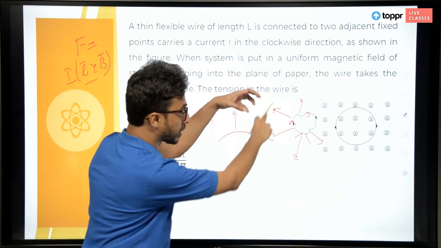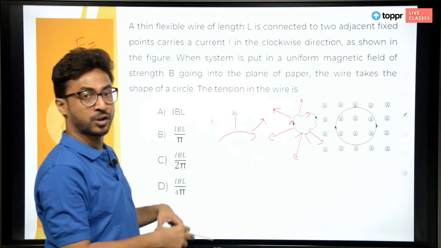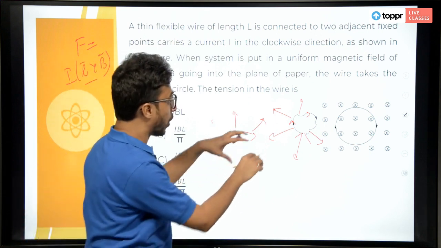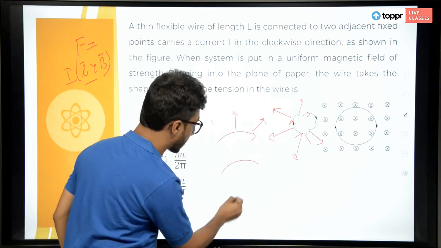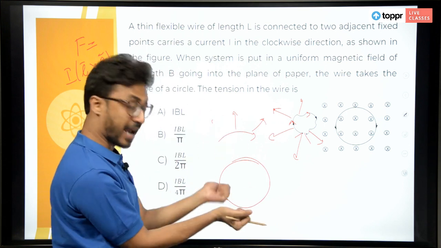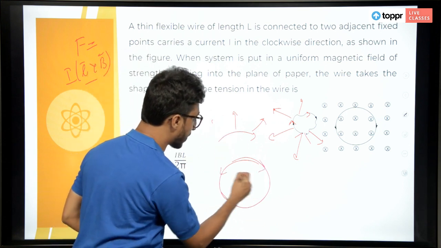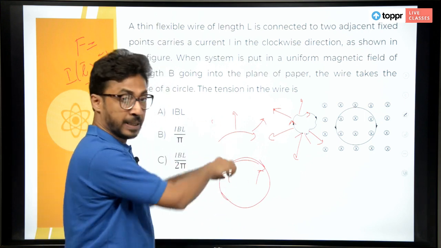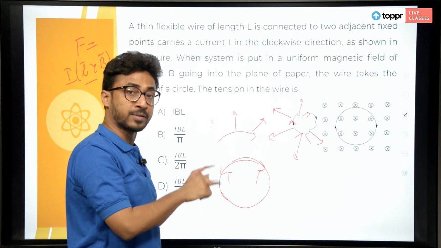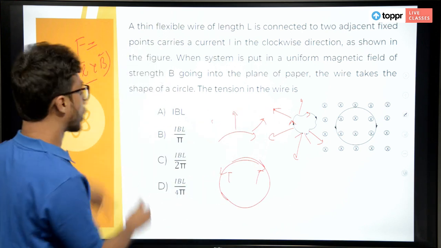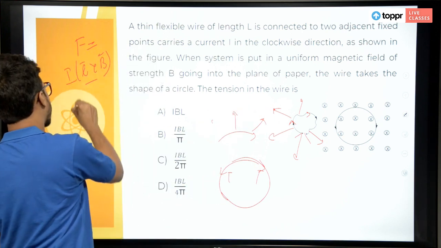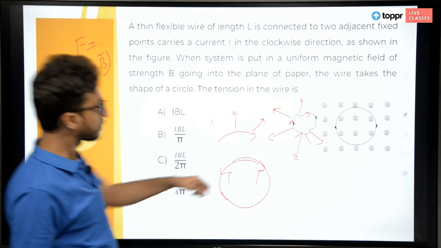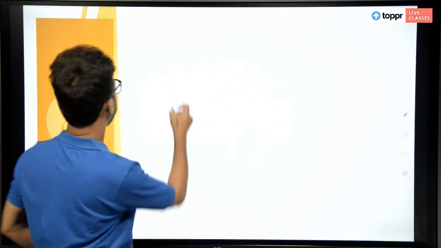If the force is in the outward direction of the coil, it will pull it to form a circle. So finally, when this coil becomes a circle and it is tight, tension will be generated in the coil, so that the tension generated within the coil will actually balance this force whose magnitude is nothing but B I L. Let's try to find out what tension is being generated.